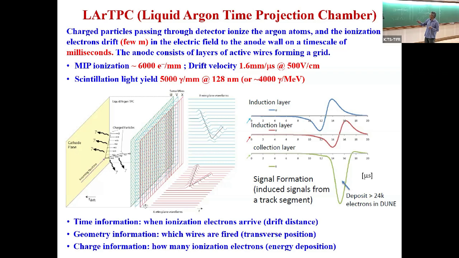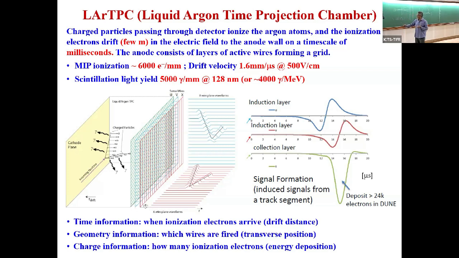Induction: the electron is coming toward the anode wires. The electron carries negative charge, so as it comes to the anode wires, it gives a negative electric field. So the induced signal will be negative, and when it crosses, it goes off again. Of course, this is not exactly the electron motion; our electronics readout, the shaper circuit, also comes into play there. So the signal shape will be like this.